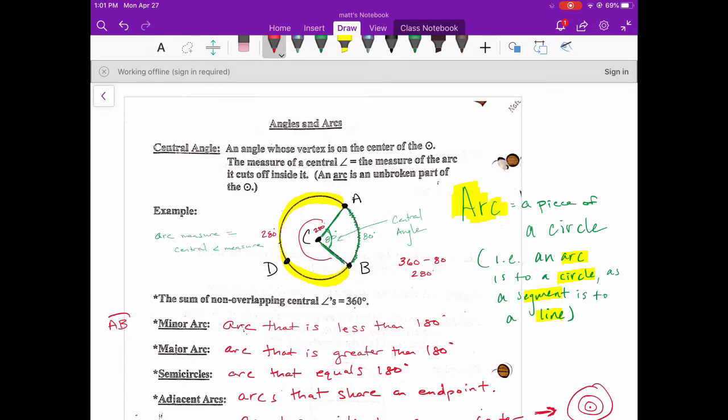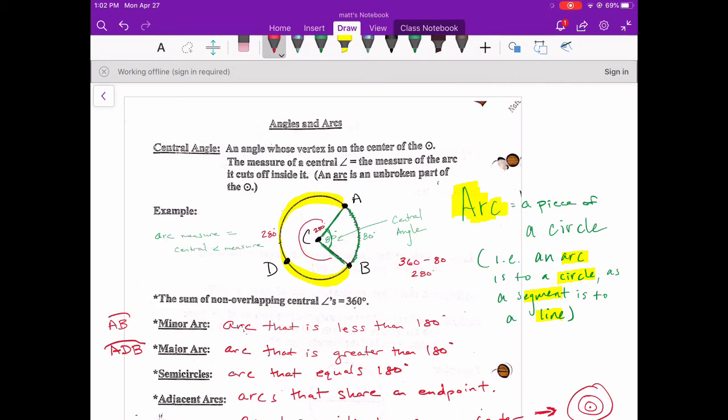So if I say AB, it's the shortest distance from A to B. If I want to go from A the long way to B, so to the left, I'm going to have to include that letter D so that the reader knows that I went to the left as opposed to the right from A. So a major arc bigger than 180 would be like arc ADB. We're never going to use more than 3 letters, but that third letter really helps you know which direction you had to go from A.